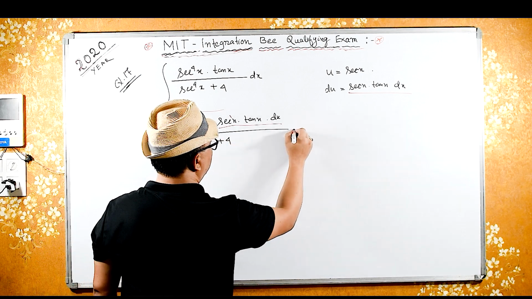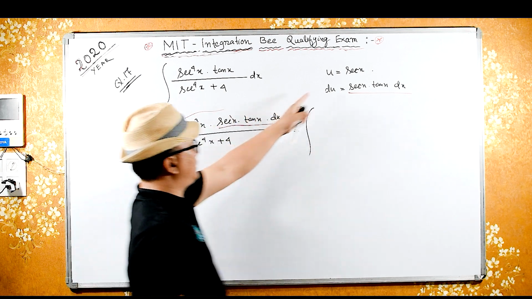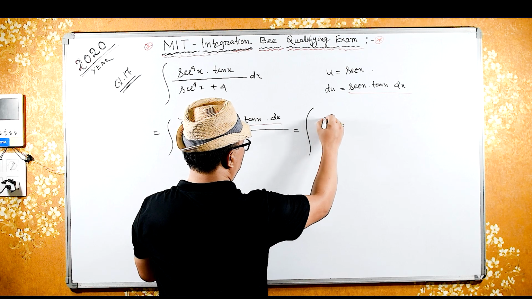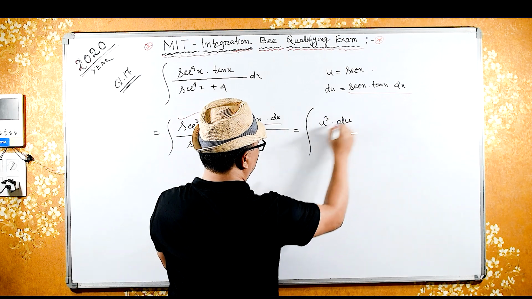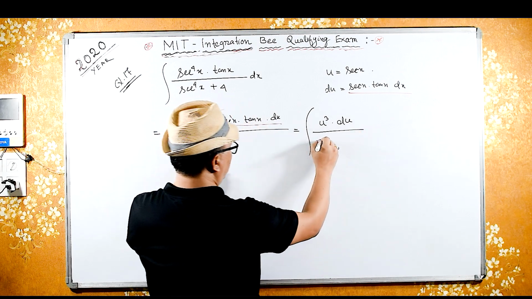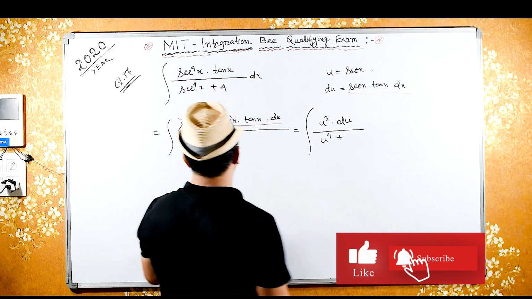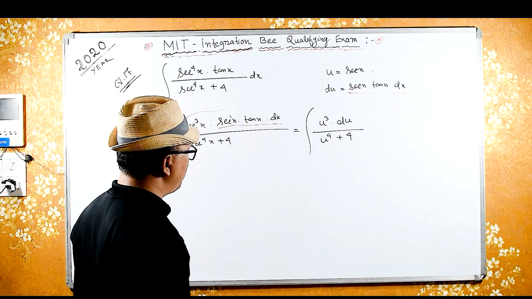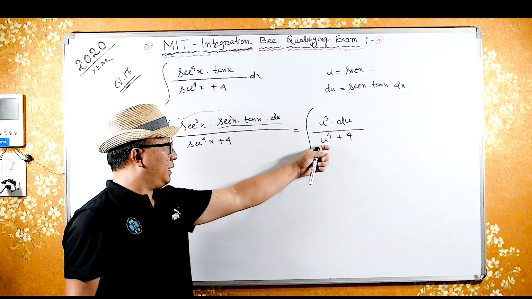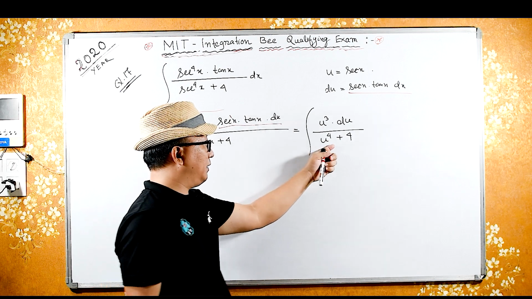Therefore this is equal to the integral of sec^3 x, which means u cube, into the whole thing becomes du, upon sec^4 x, which is u raised to 4 plus 4. Now look at the denominator. Here on top is u cube, and here you have u^4.